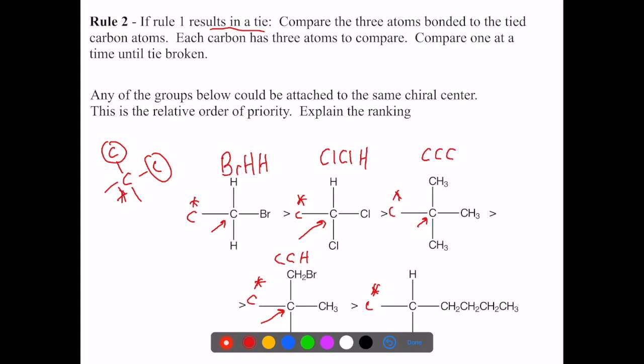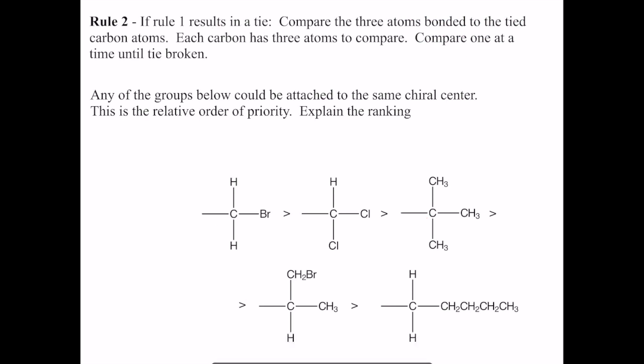Okay? What happens if all three atoms are a tie? You move to the next atom in the chain and play another 3 rounds and see which wins. Now, if we look at this last example, the lower right, that's a pretty long chain of carbons. And you might look at that and say, oh, that's going to be high priority compared to some of these other ones.